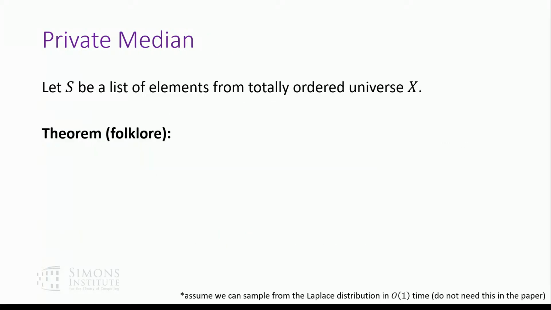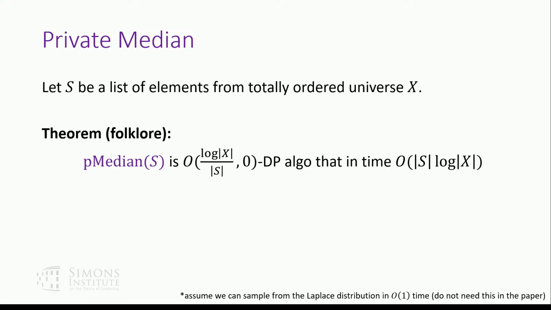Okay, and private median is the algorithm that does this. You have a list of elements from a totally ordered universe, and the subroutine private median is an algorithm that is differentially private, something like 1 over S private.